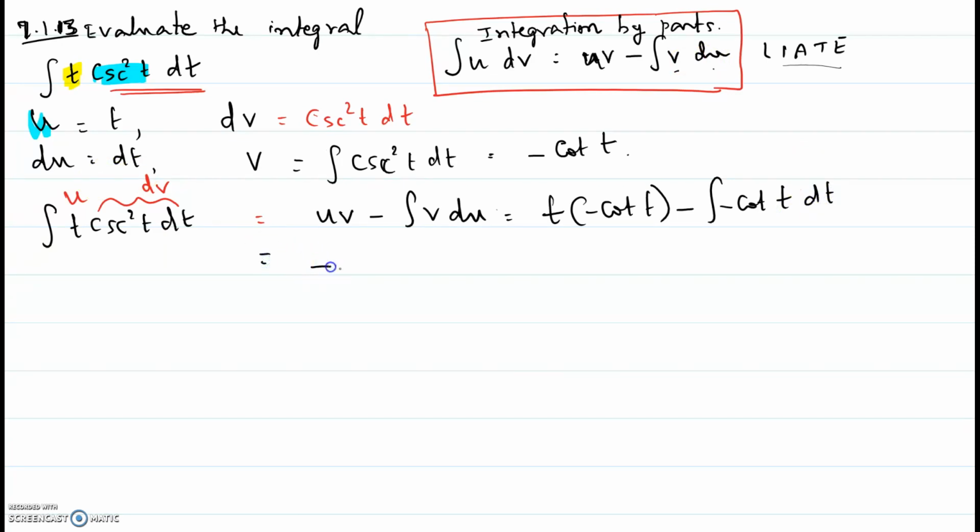So it is negative t cotangent t, minus and minus, so plus the integral of cotangent t dt.